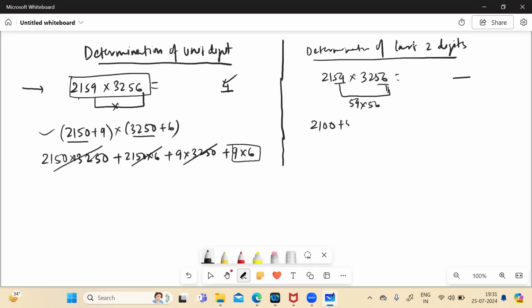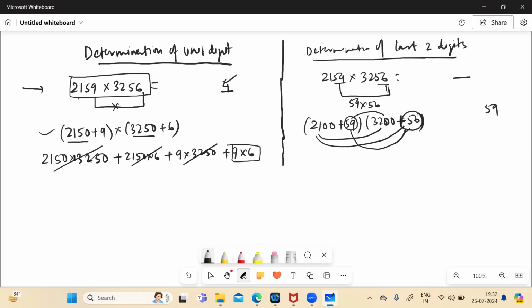We will divide the numbers into 2100 plus 59, 3200 plus 56. If we multiply, all three of these multiplications will have 00 at the end, and this one will give you the last two digits of this multiplication.